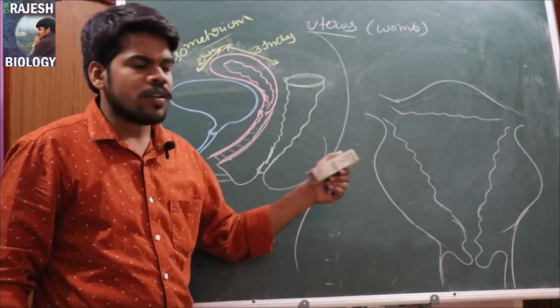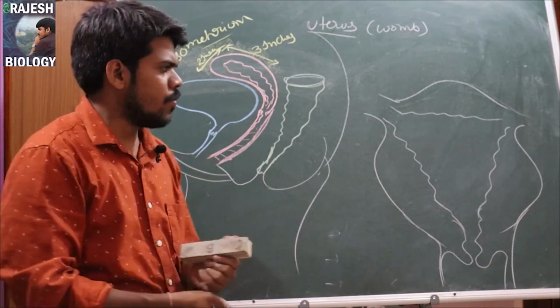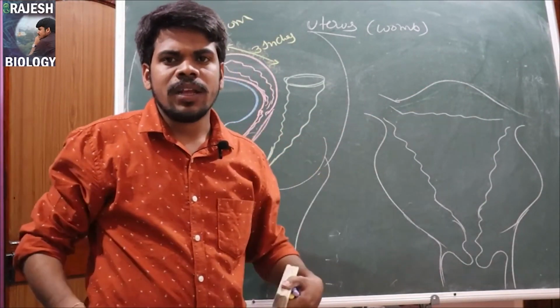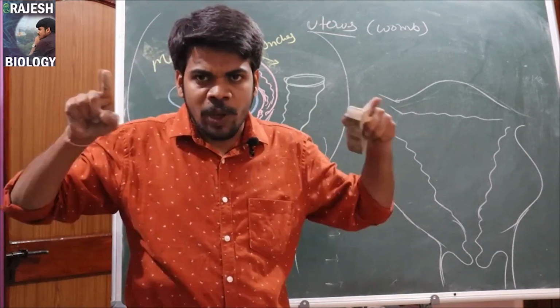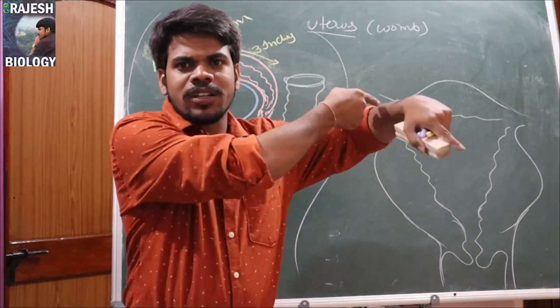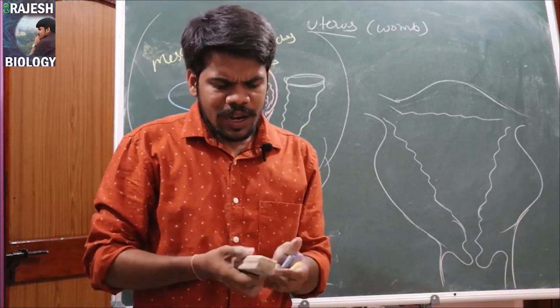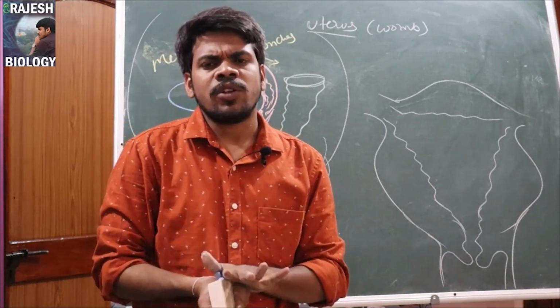Of course, on both sides of the uterus there are fallopian tubes like this, like a balloon. If the balloon has horns, those horns are the fallopian tubes, and the middle balloon is the uterus. And yes, it is the best example for the uterus.